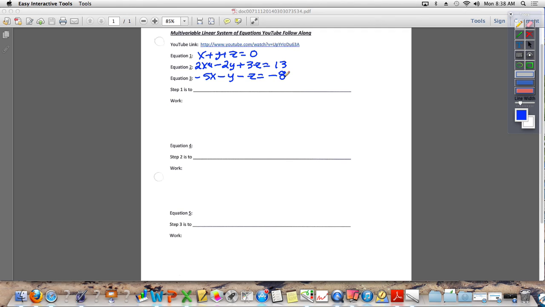But step number 1 when you are solving a system like this is to either get rid of the x's, get rid of the y's, or get rid of the z's in 2 of the equations.